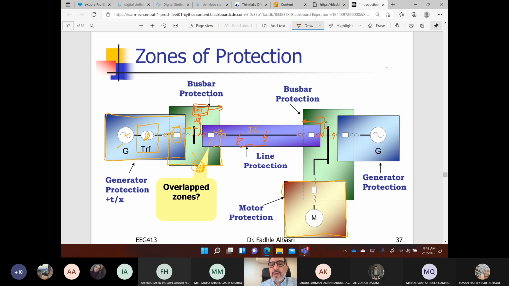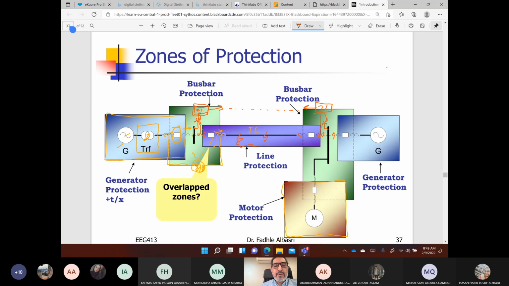Similarly, I have also a distance relay here, which requires a voltage and a current, and tries to find faults in these directions. And sometimes these two relays communicate with each other, as I showed you in the previous lecture.